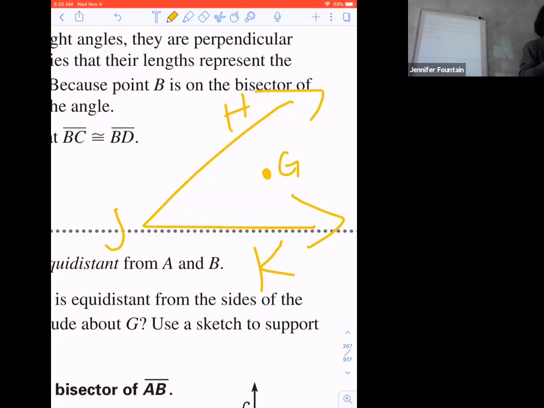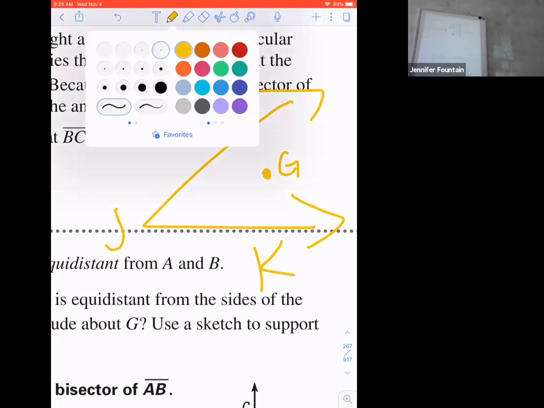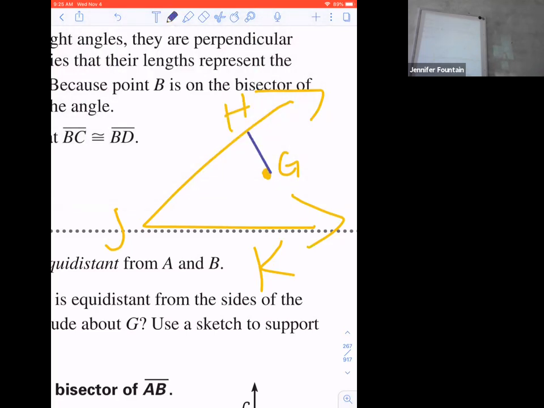They told me that from here to here and from here to here, and again, my drawings are not going to be exact, those are equidistant. So those two segments are congruent. Therefore, I have a point on the interior that is the same distance from G to H as it is G to K. What can I conclude about this point right here?